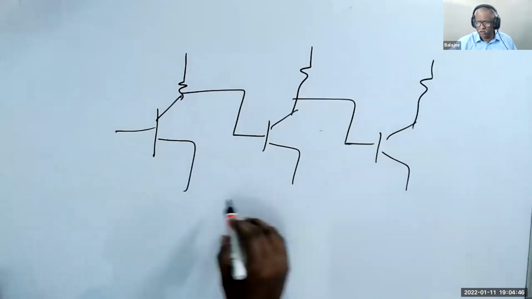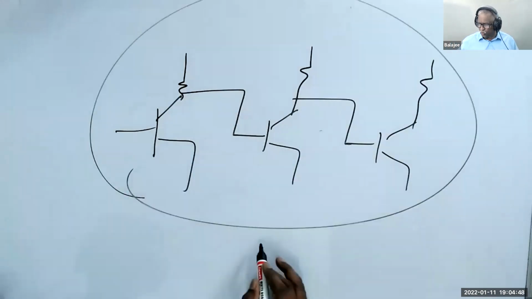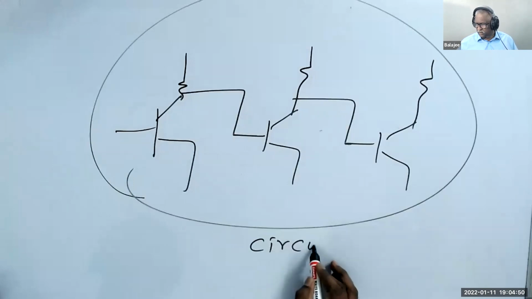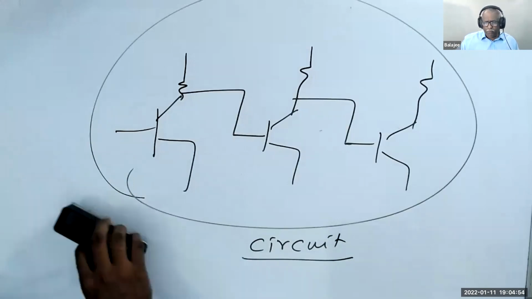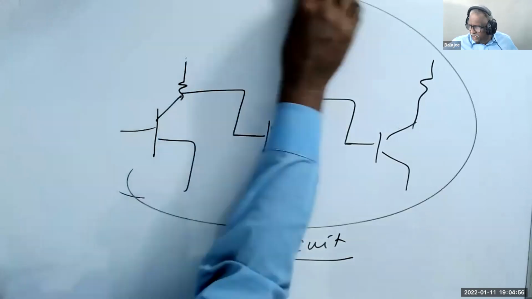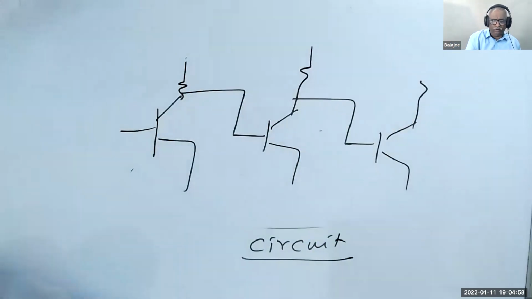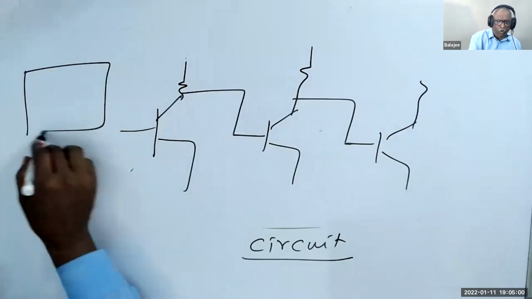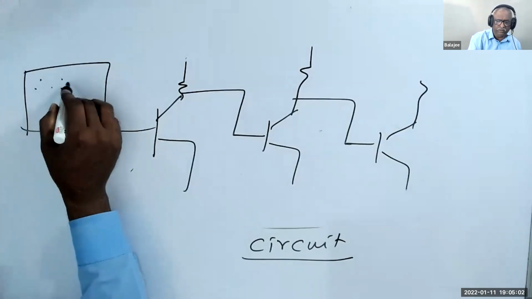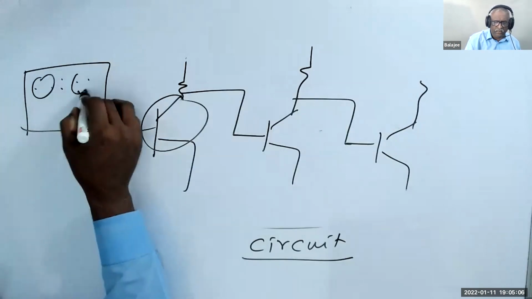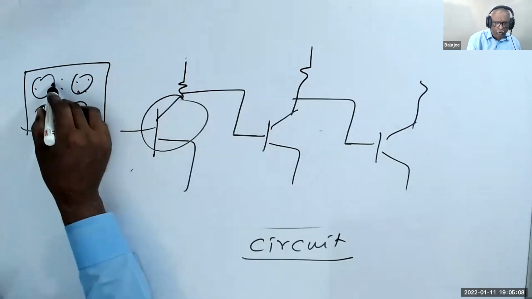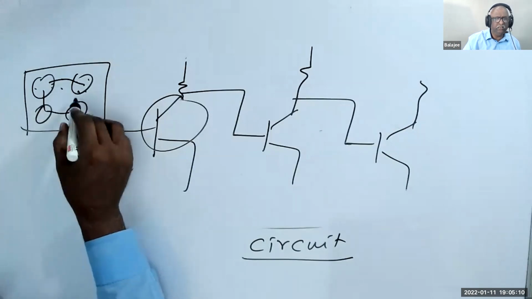This is called a circuit. What people used to do is take a board with holes, put the transistors inside the holes, and connect them with wires.